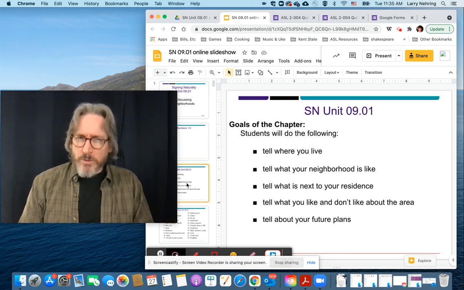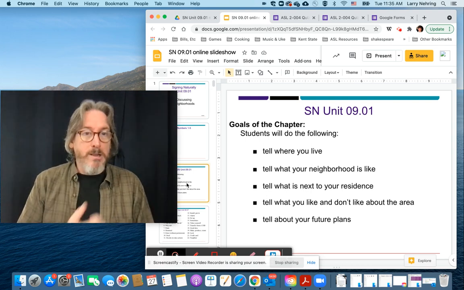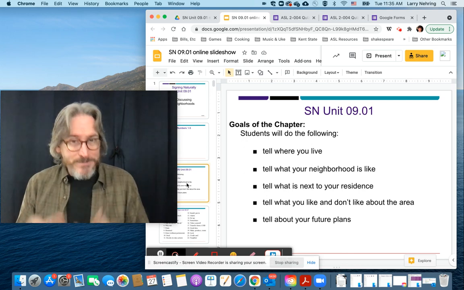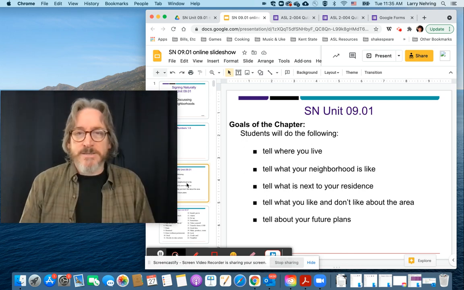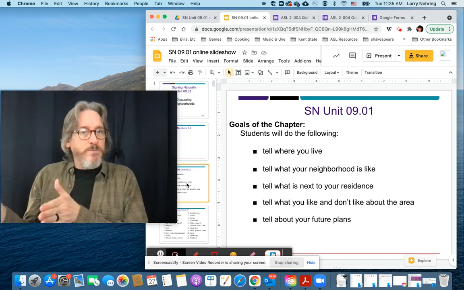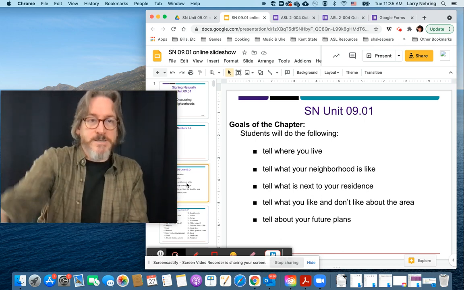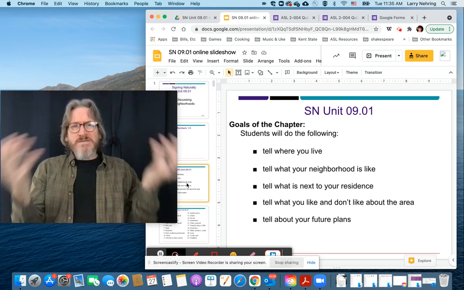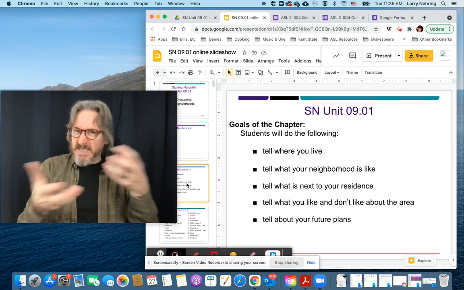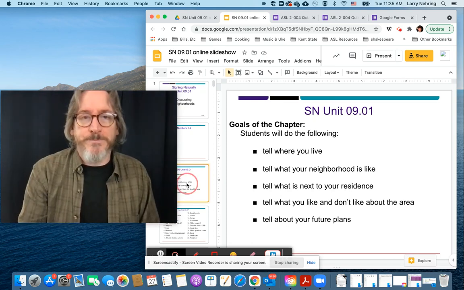And then what you like, what you don't like, could be love or hate, right? Or detest. And then future. And we've used this for plan before. So we'll use both of those signs. So again, all of this is stuff we've talked about before in other situations. Now we're just putting it towards community.